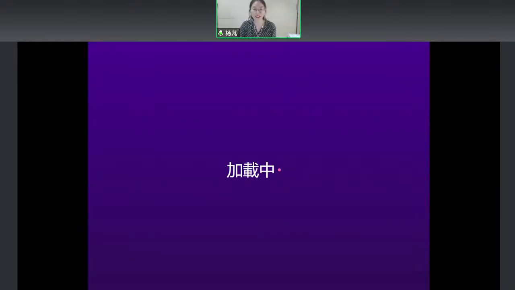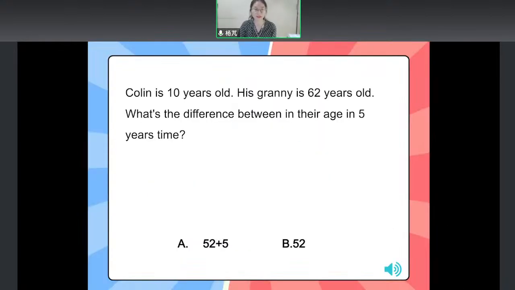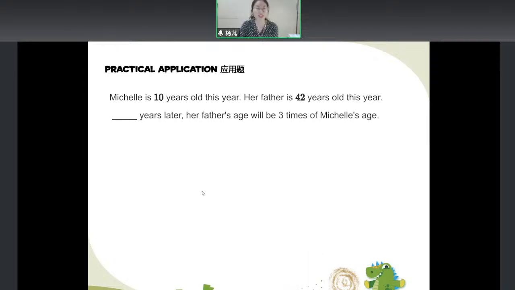Okay, then let's go back to this question. I want to know how many years later her father's age will be 3 times Michelle's. Hey guys, if you see a question that tells you 3 times, 5 times, twice, or some keyword like that, draw out the unitary model. 3 times means there will be 1 unit.